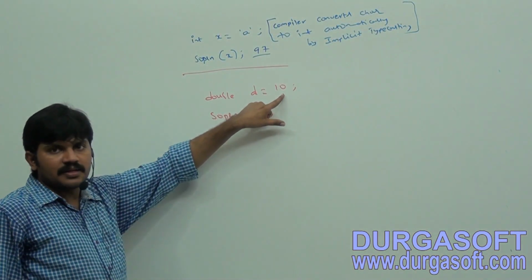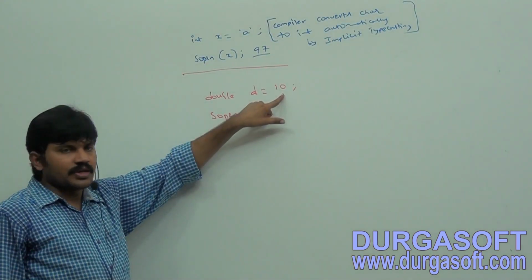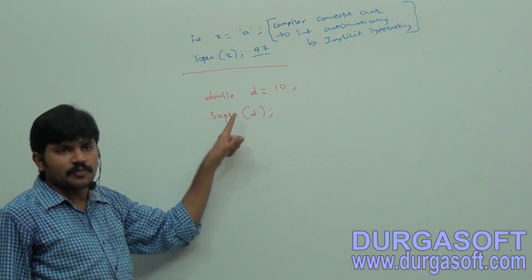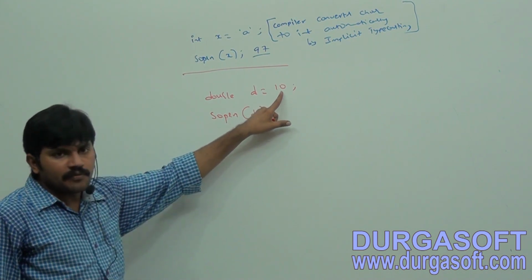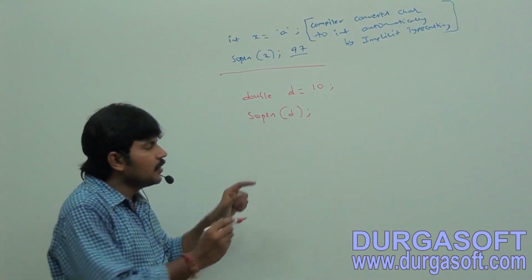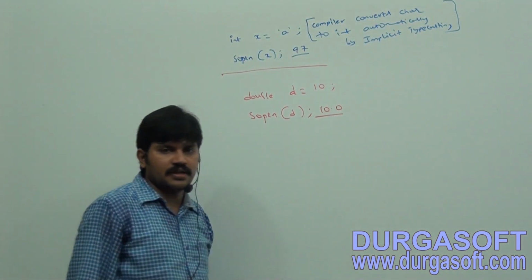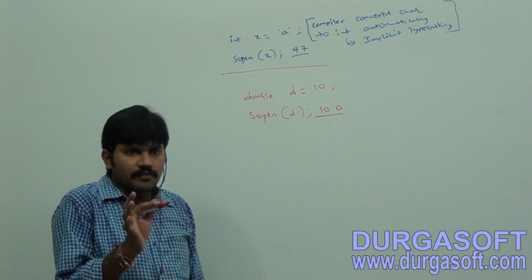Sir, internally you should be aware clearly, the int value will be converted to what type? Double type. If I print, what is the value I am going to get? 10.0. By default we are going to get 10.0.